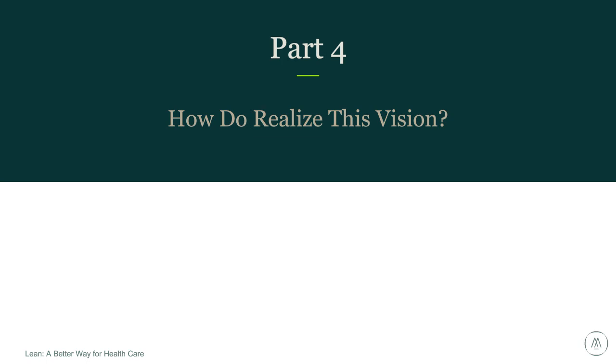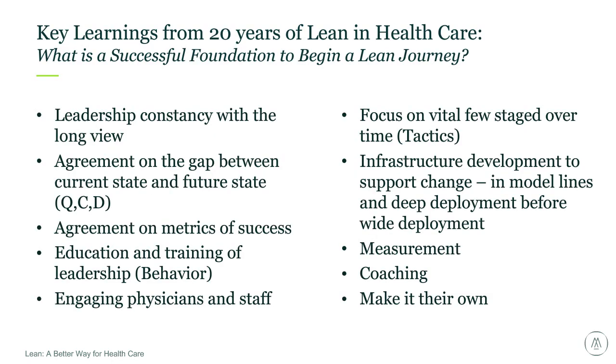Thanks, Craig. So hopefully at this point you're thinking about what this would look like for you, or how you get engaged in this kind of work. What kind of foundation do you need? Listed here are some of the key ingredients if you're thinking about building lean in or starting on a transformation journey of whatever size.